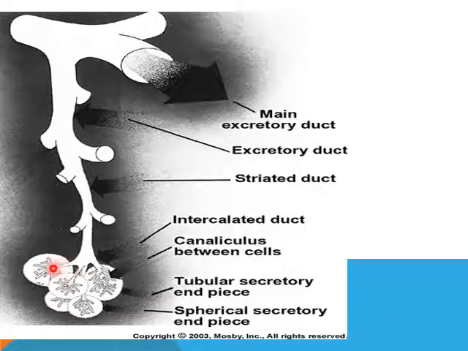This is the smaller intercalated duct, which collects the saliva from the acini, either serous or mucous or serous demilune, and the secretion goes to the intercalated duct, and this is collected in the striated duct, and then these go to the excretory main duct. So the salivary gland is a compound gland.